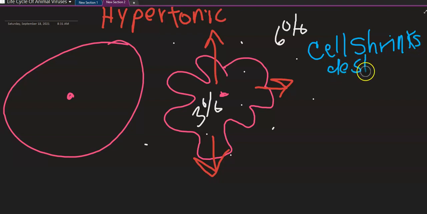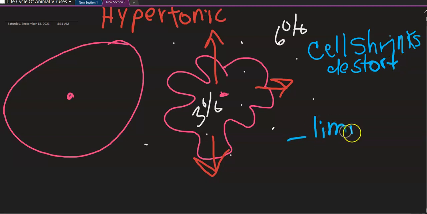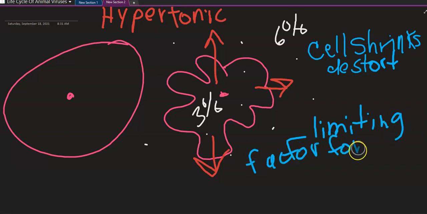This is important because this is a limiting factor for bacteria. Most cells are not able to function if they shrink and distort.